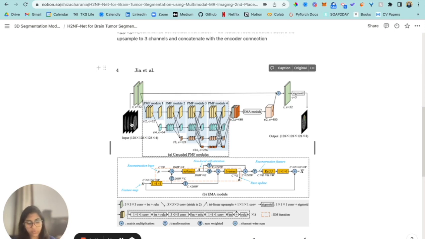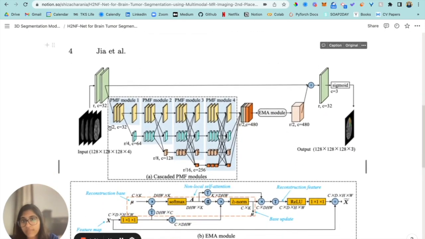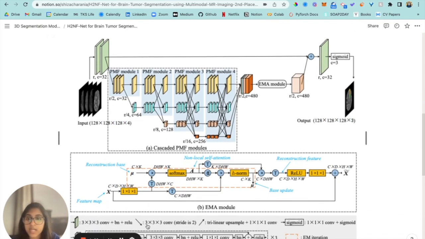First of all, the way it describes it in the paper is you have 5 scales that are mentioned, and those 5 scales are represented by the R. And if I zoom in, it might be easier. So you have R divided by 2, R divided by 4, R divided by 8, R divided by 16. The reason why you have this is because when you have these arrows pointed downwards, you're downsampling by 2 because the stride is 2.